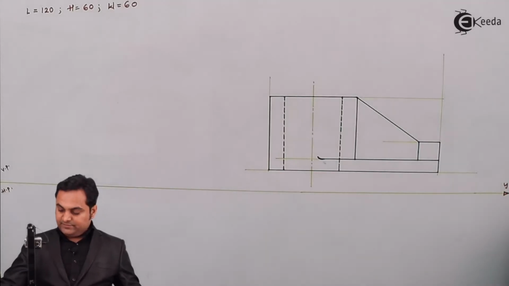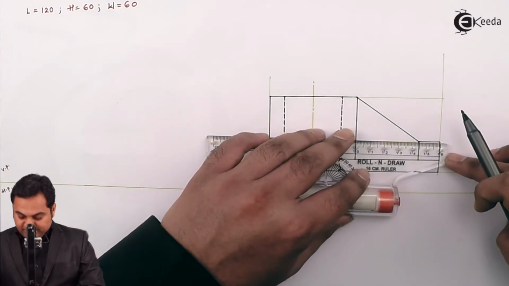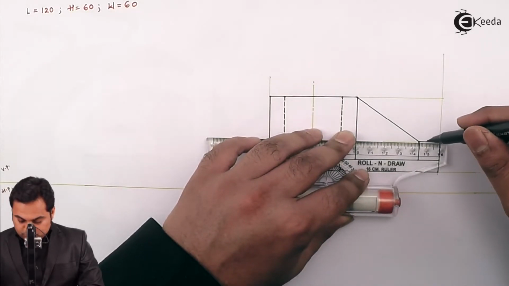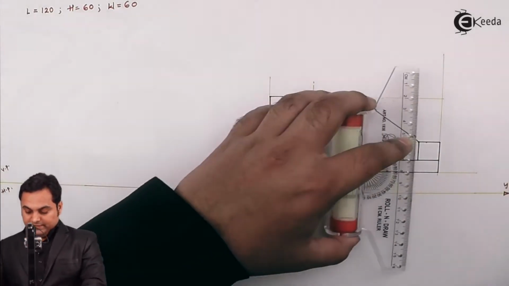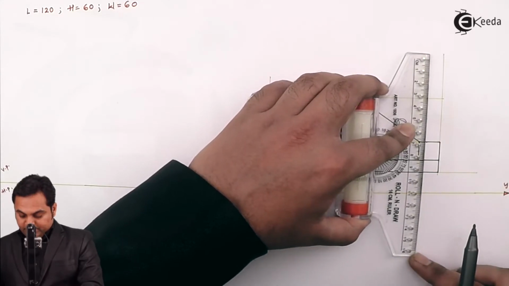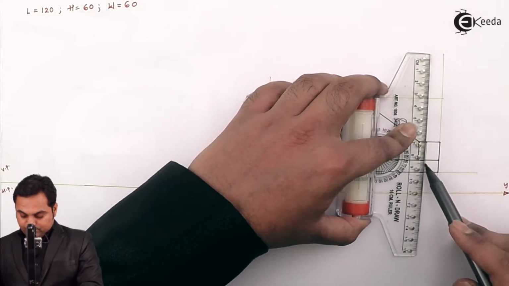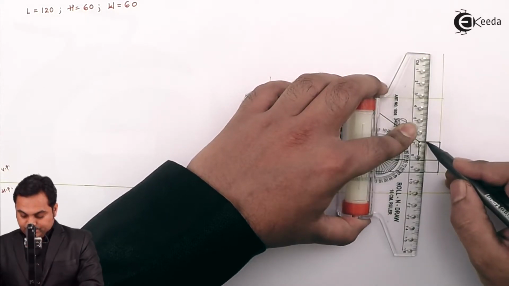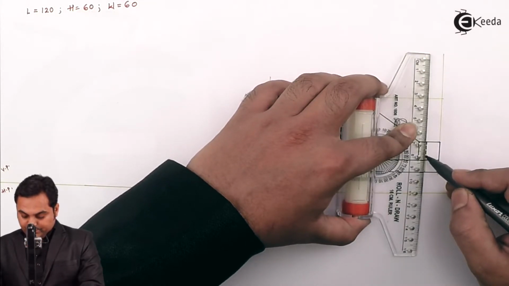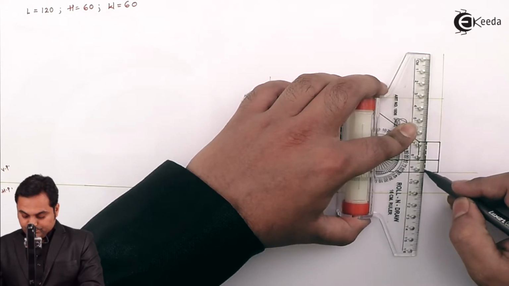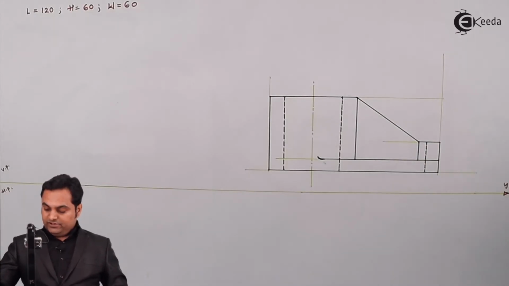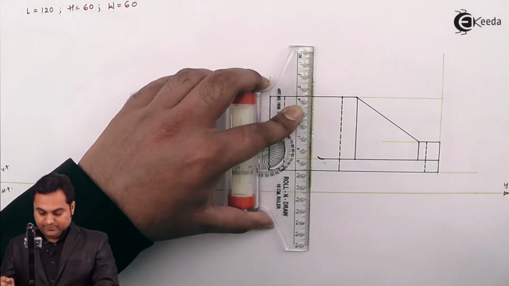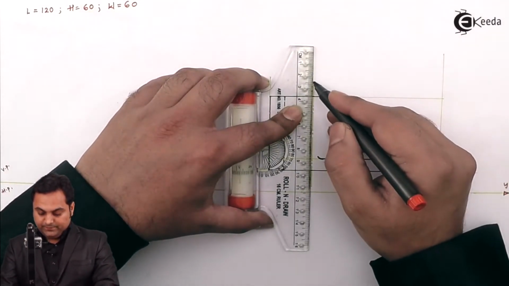So inside this semicircular part I'll measure 10 mm and then draw a light vertical line through it. And now since it is hidden, I'll draw a dotted line. Here, after reaching this stage, I'll make this center line also dark, and it should be medium dark compared to the outline.